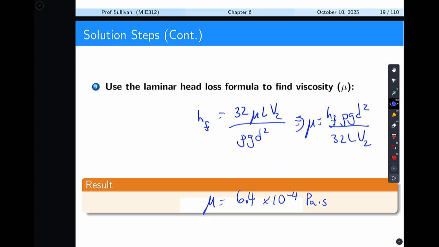You can rearrange the head loss equation, and from that, you end up with HF rho g d squared over 32 L V2. And you end up with a final result of 6.4 times 10 to the minus 4 Pascal seconds. So you're just applying equations, but you have to recognize where things are going.